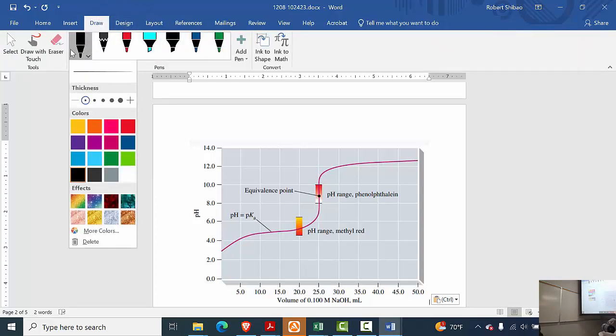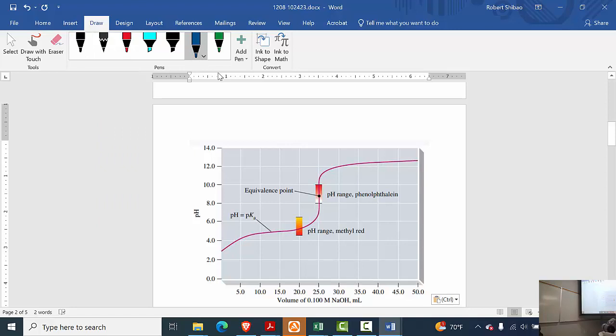Okay, so there are different reasons we might be interested in this range. If we're interested in making a buffer, this is one way of making a buffer. There are other ways of making the buffer as well. But here, if we're looking in the buffer region, we're forming a buffer in this reaction. The product is a buffer. And so this would be the optimum pH.